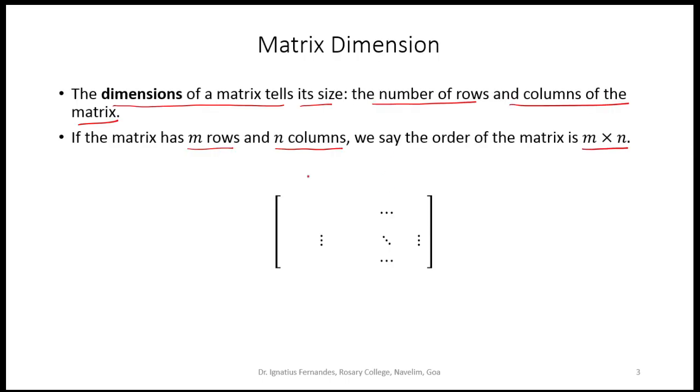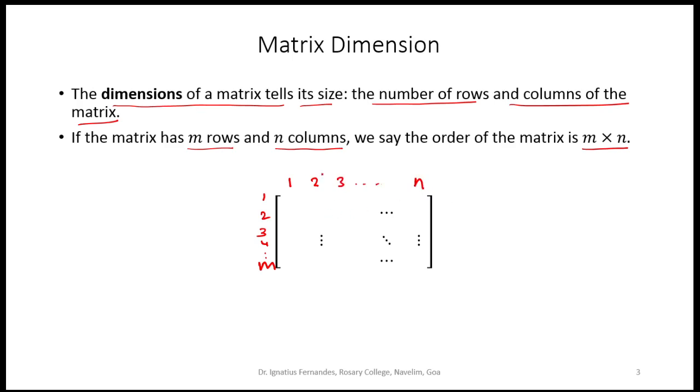I may have, say, one row or 2 rows or 3 rows and so on. So suppose I have, say, m rows like this, and then I have a column, another column, another column, and like this, say n columns.